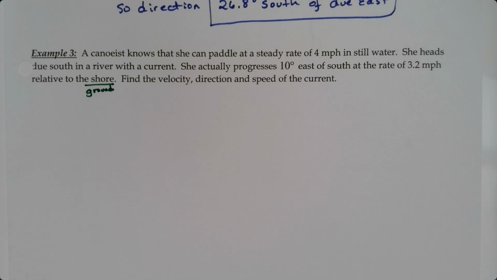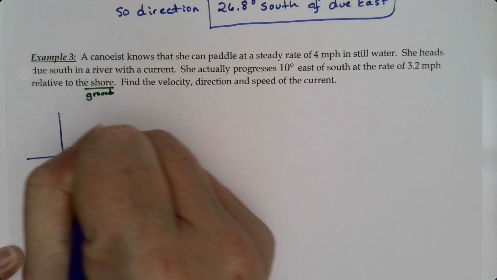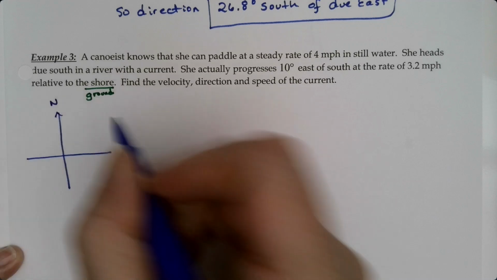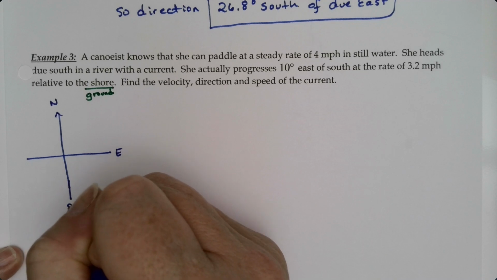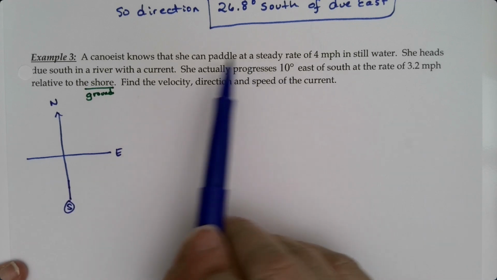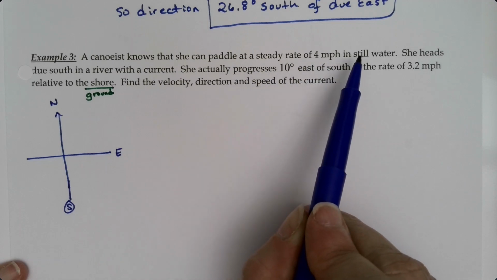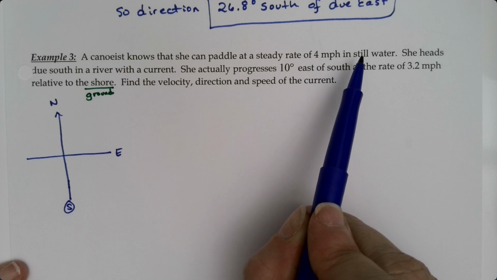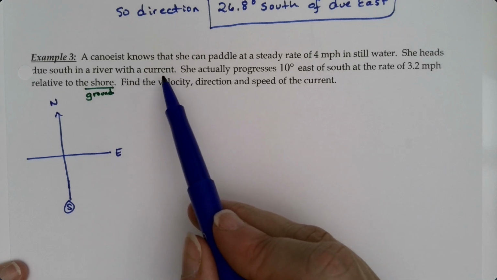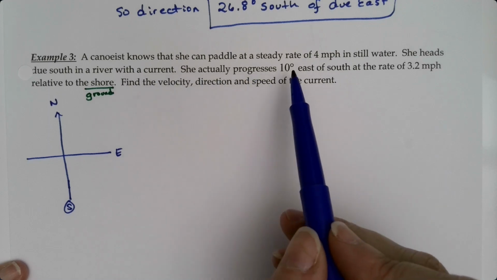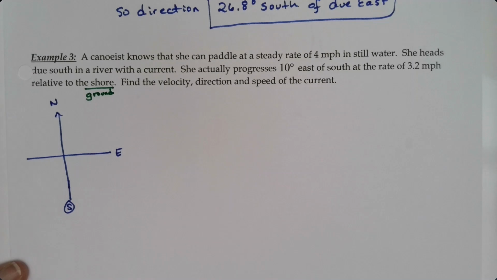Okay, so let's think here. We have north right here, east right here, south right here. She knows that she can paddle at a steady rate of 4 miles per hour in still water, and she's heading due south in a river with a current. She actually progresses 10 degrees east of south at 3.2 miles per hour relative to the shore.